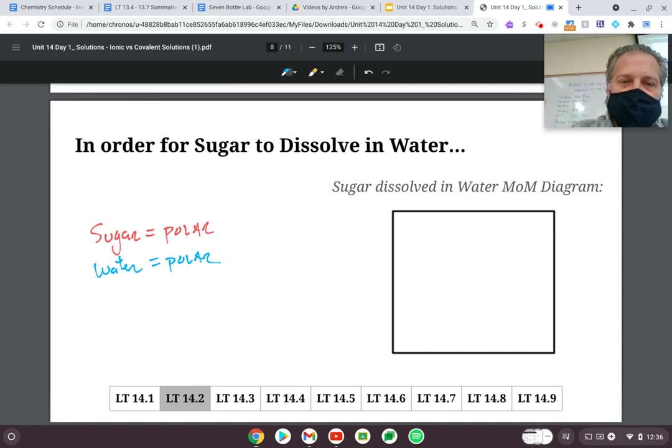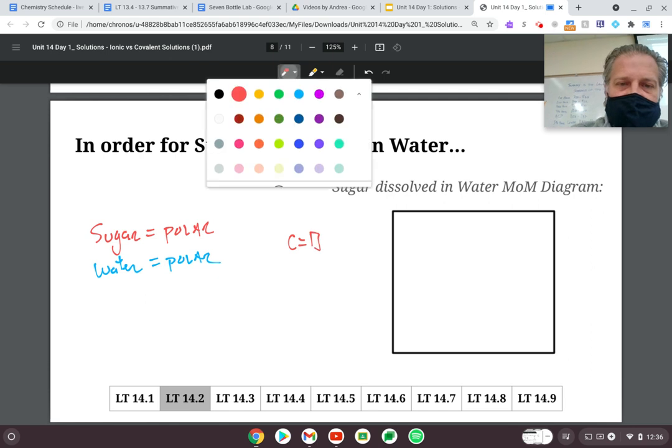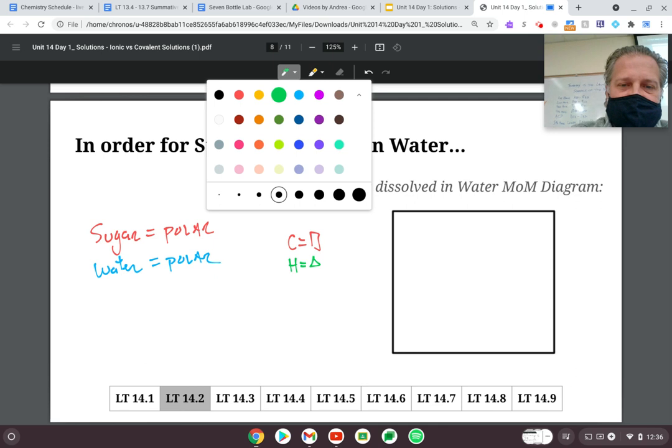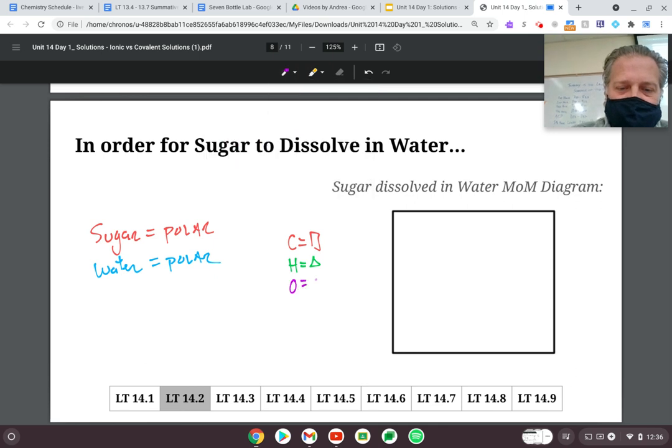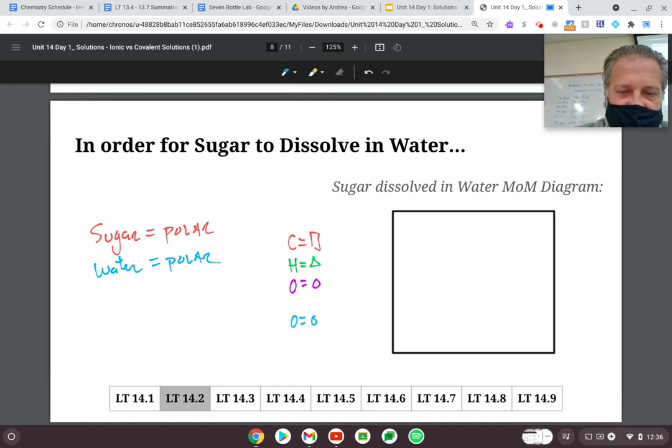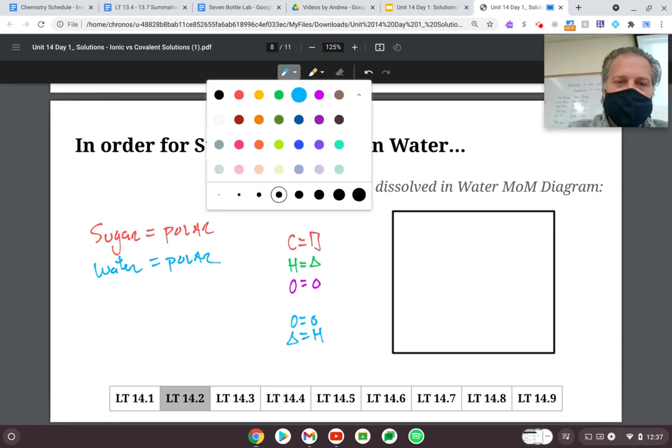So we're going to say that for sugar, carbon was a square, hydrogen was a triangle, and oxygen was a circle. But for water, I'm going to do it all in one color, sort of to illustrate the fact that oxygen and hydrogen are like that. Okay, so I'm going to draw a few of these molecules here in an effort to illustrate that whole situation.